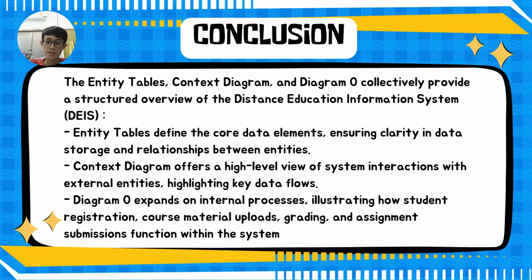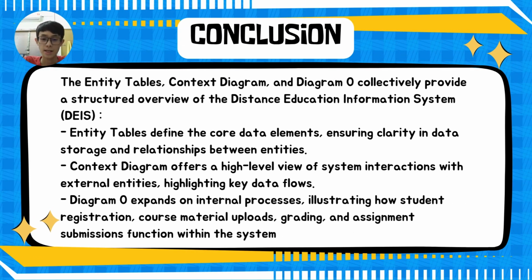For the conclusion, the entity tables, context diagram and diagram 0 collectively provide a structured overview of the Distance Education Information System (DEIS). Entity tables define the core data elements, ensuring clarity in data storage and relationships between entities.